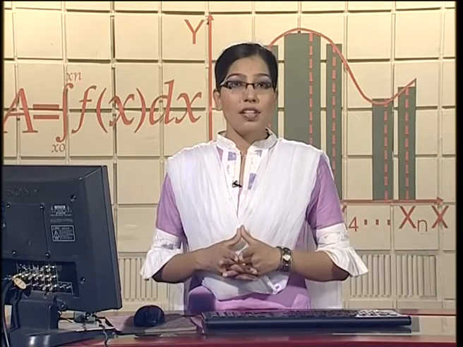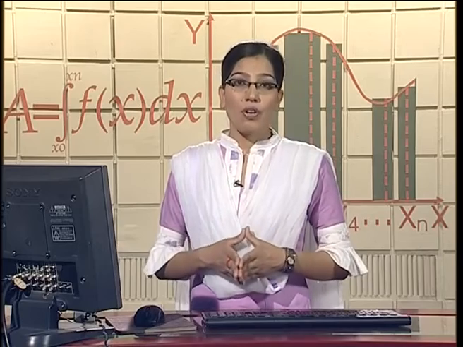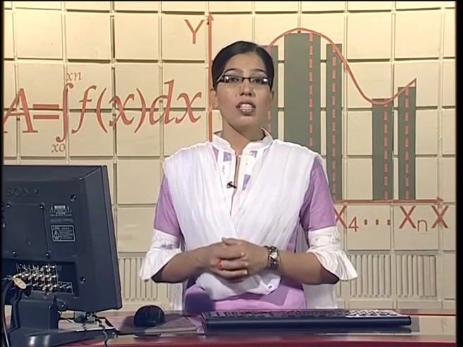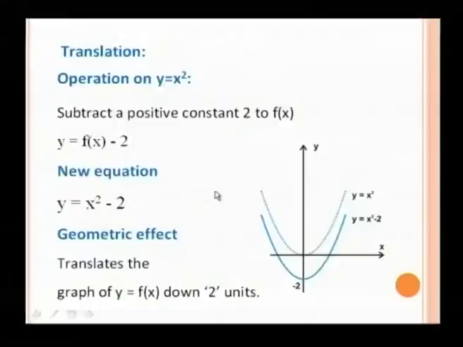Here we consider an example of subtraction of a constant to the function. You can see that example on the screen. If here we consider the same graph y is equal to x square, so you can see this dotted line as the graph of this function. We perform an operation that we subtract a positive constant 2 to f of x.